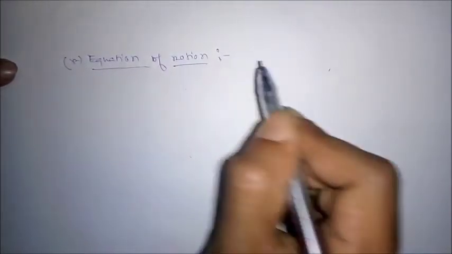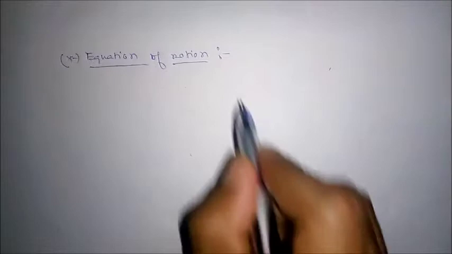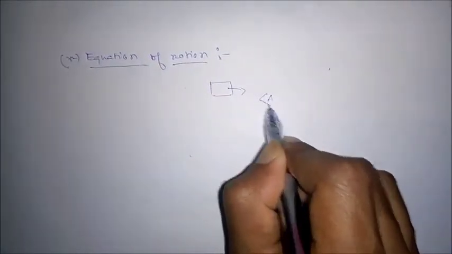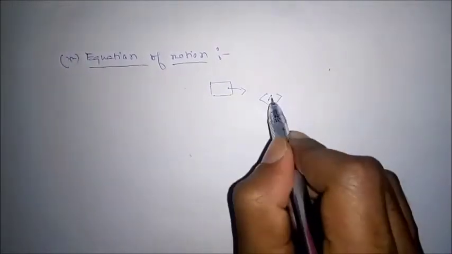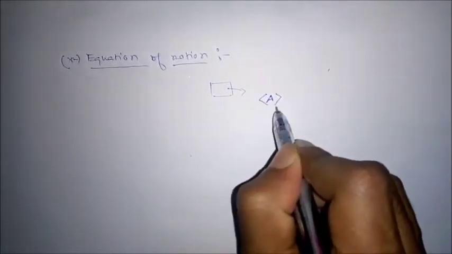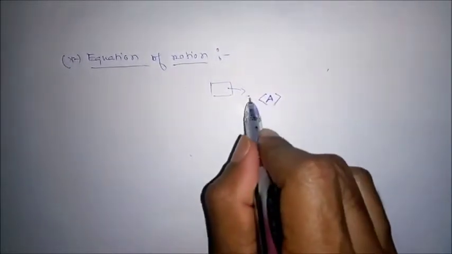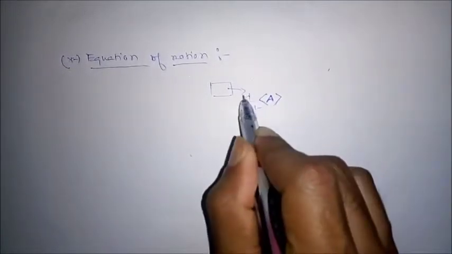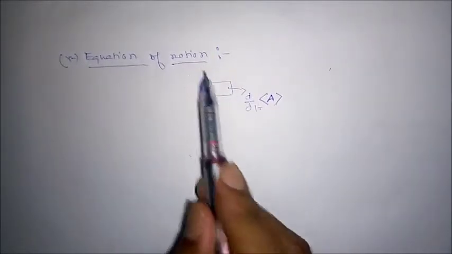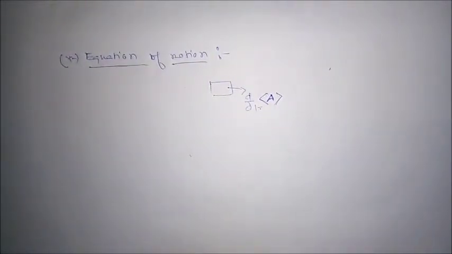In quantum mechanics, the average value of any physical observable has some dependence on time. This dependence on time is known as the equation of motion. It is a long derivation, but we only follow this equation for the sake of solving problems.